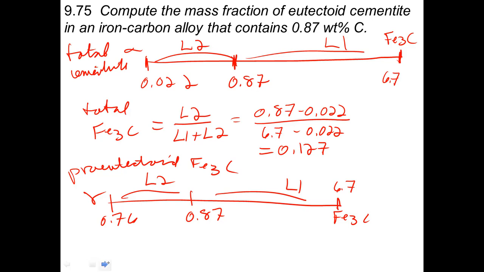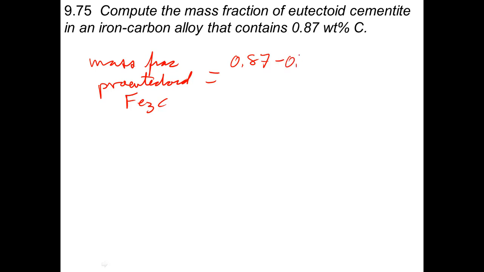I'll get myself some more writing space here. Using that tie line, I can calculate the mass fraction of pro-eutectoid cementite. And in doing so, I find that the mass fraction of the pro-eutectoid cementite is 0.019.